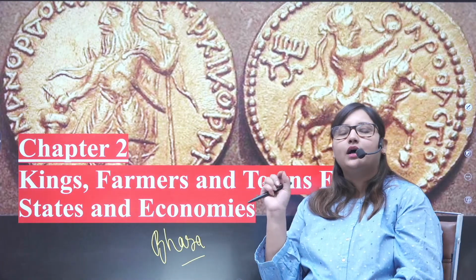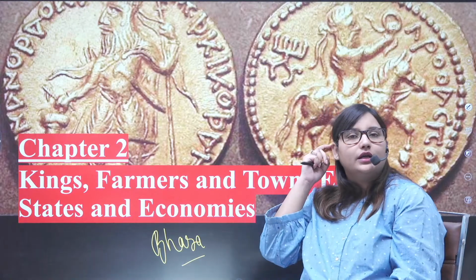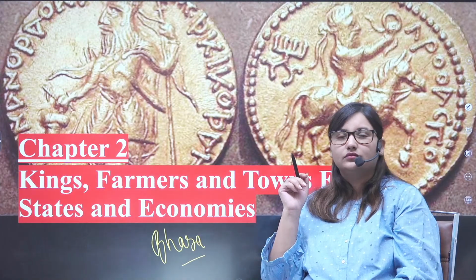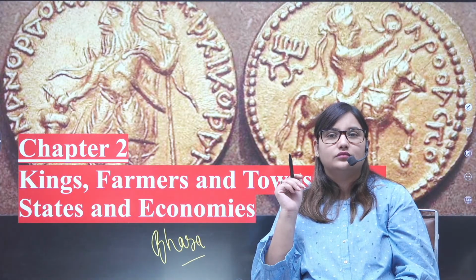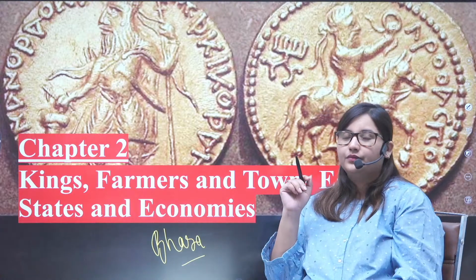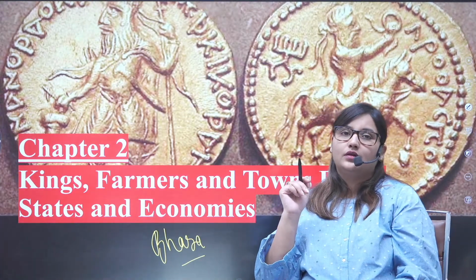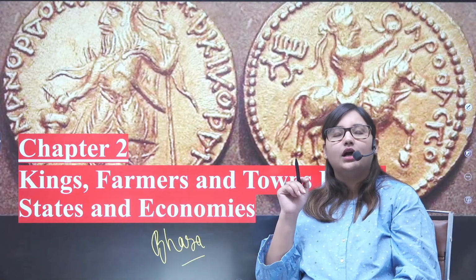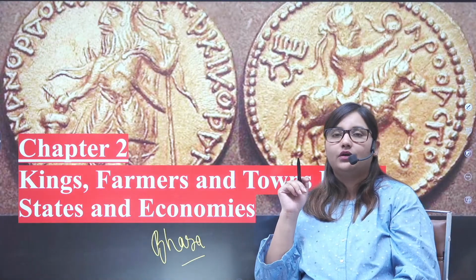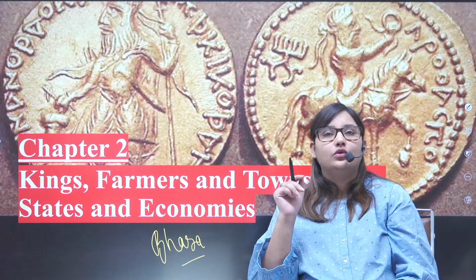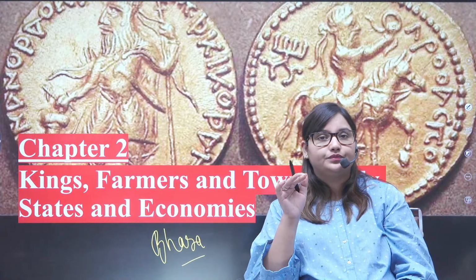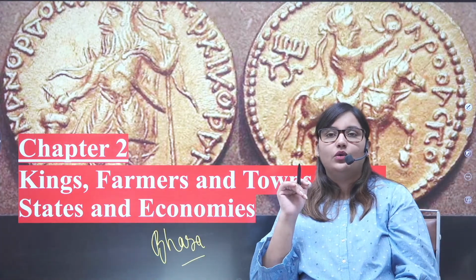Number 13, Ashmaka. According to Anguttara Nikaya, King Brahmadatta ruled over Asmak with its capital at Potali.